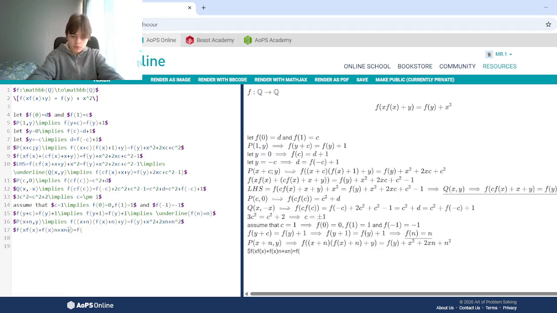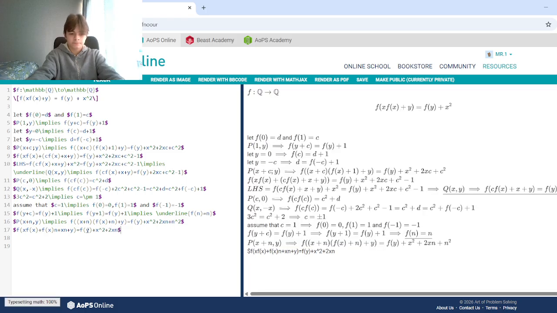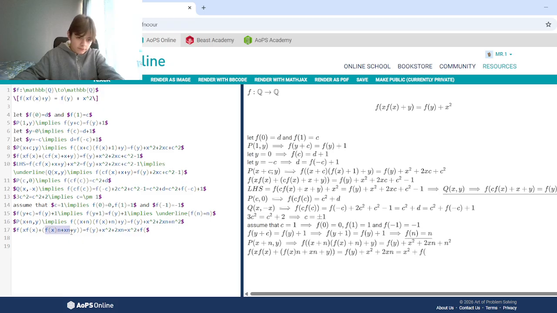Sorry, I missed the y. And we will do the same thing, so we will call this sum z, and we get that this is equal to x^2 + f of this.